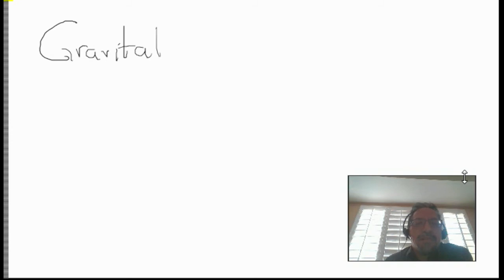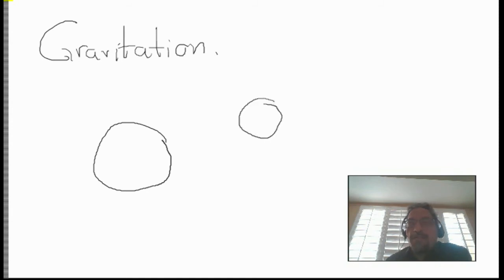The second topic in chapter 5 was gravity, or gravitation. It tells you that if you have two objects, and it is very easy and important to think of them as large objects in space, maybe a planet and one of its moons, then Newton proposed that these two objects are going to experience an attractive force, which is the gravitational force.